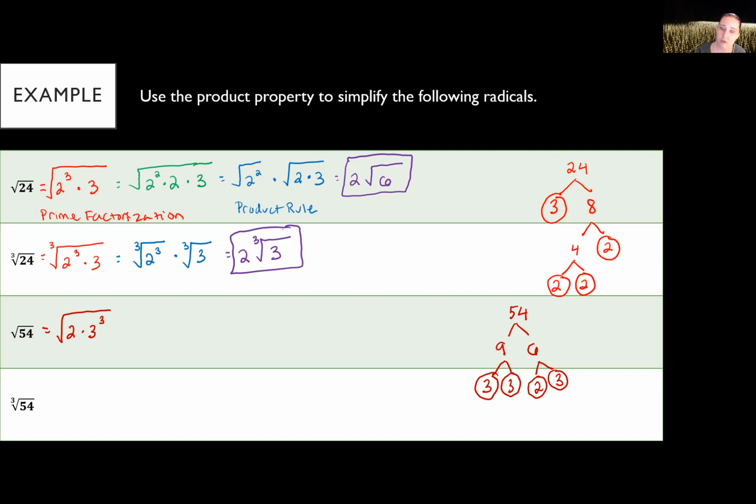And I'm going to move that to the front because anything that I simplify, we put in front of our radical. So I'm going to just rearrange it. So I'm going to have my 3 squared times 3 and then my times 2. So I've moved that 3 cubed part to the front. And then I split it up as 3 squared times 3.